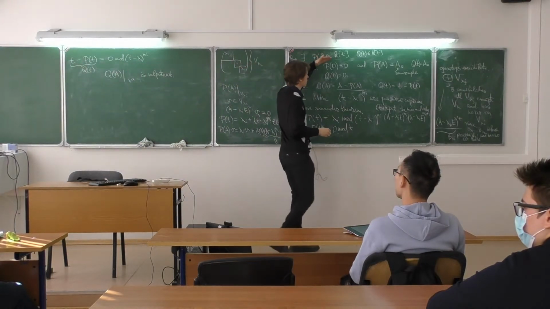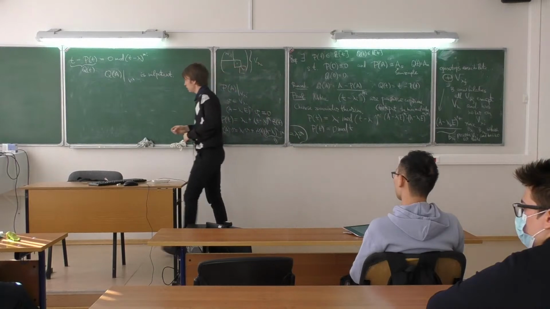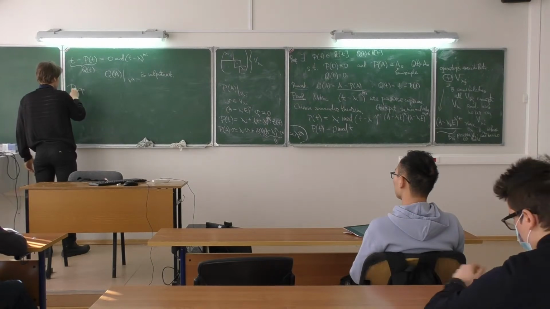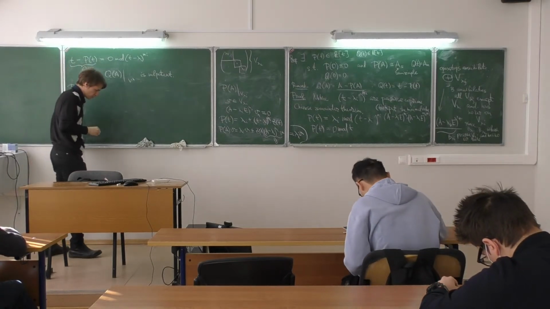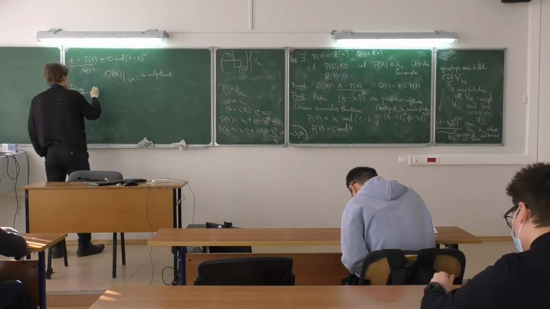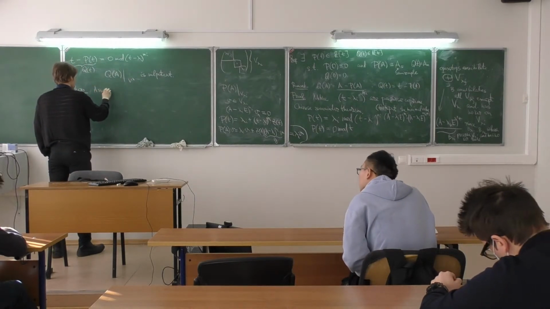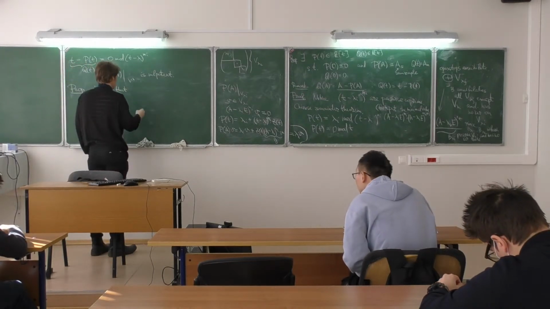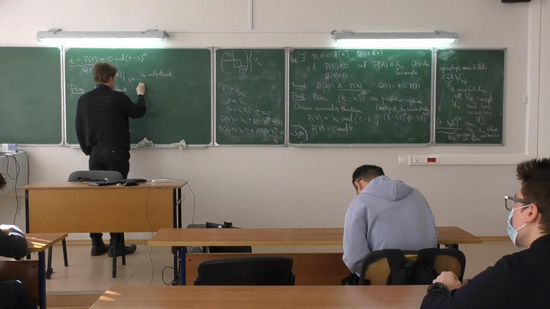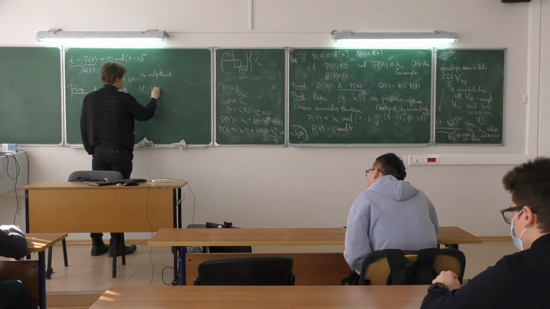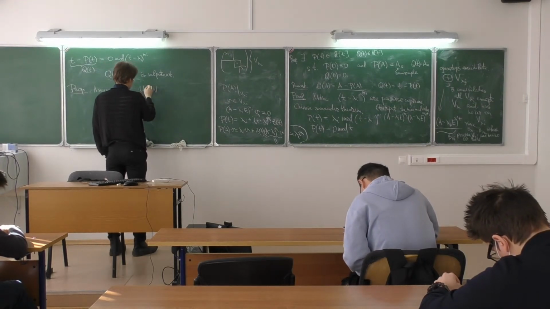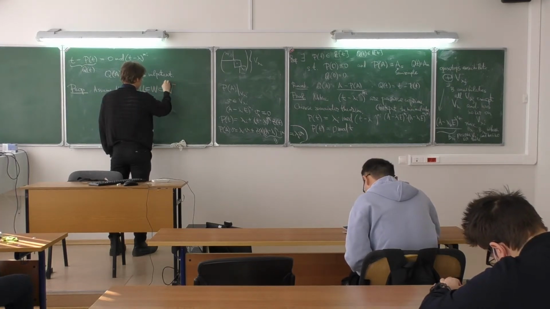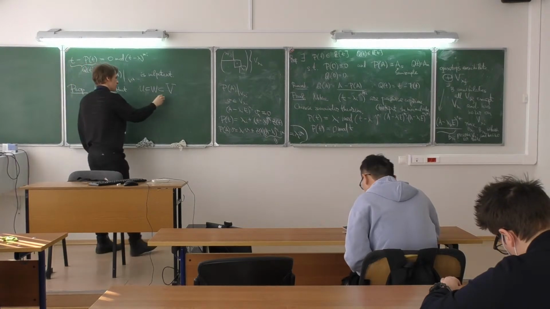And why is this important for us? This is because of the following proposition. Assume that you have two vector spaces, U and W, such that U is contained in W. So these are linear subspaces.